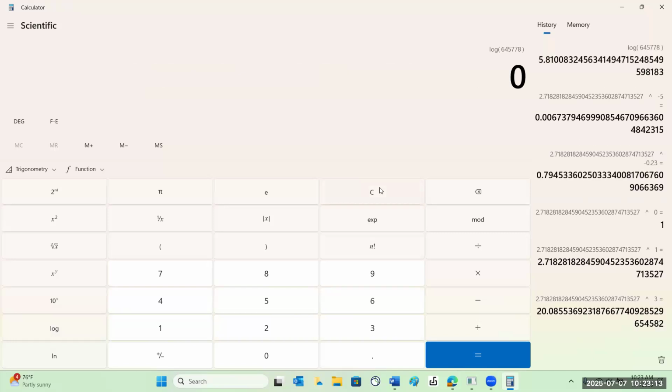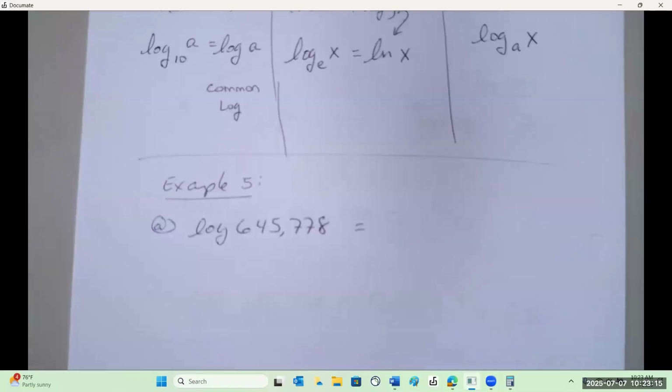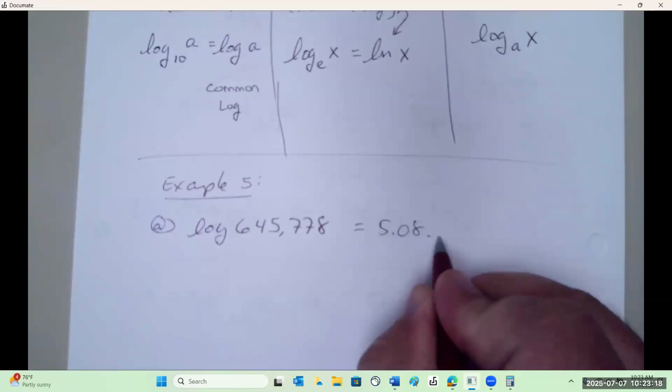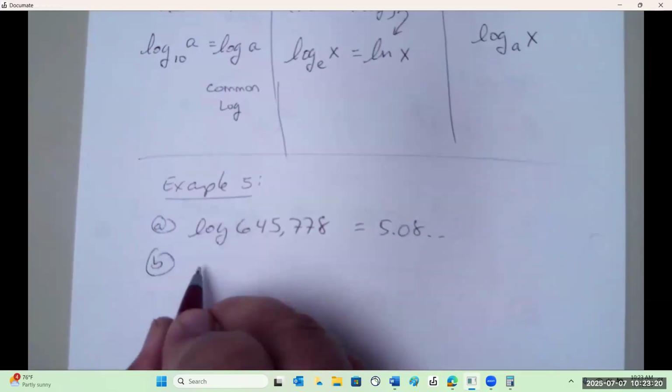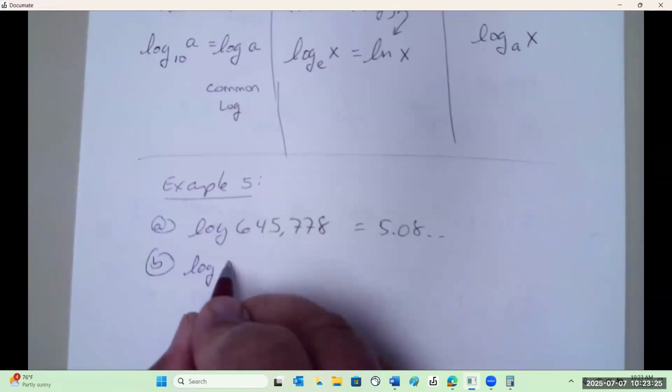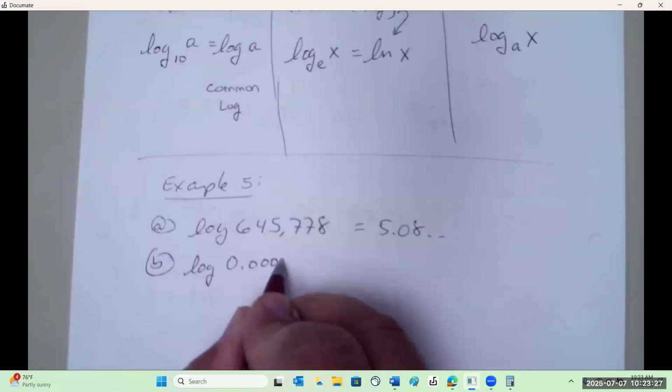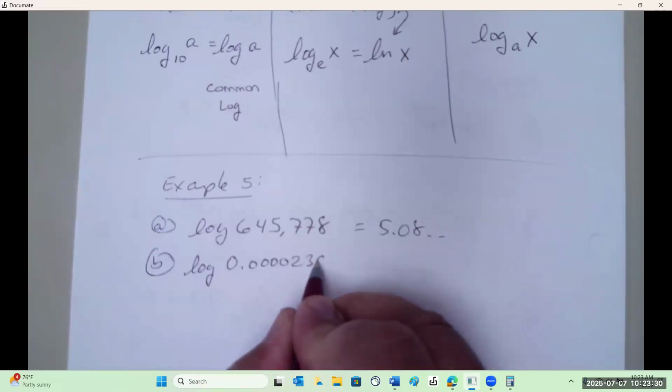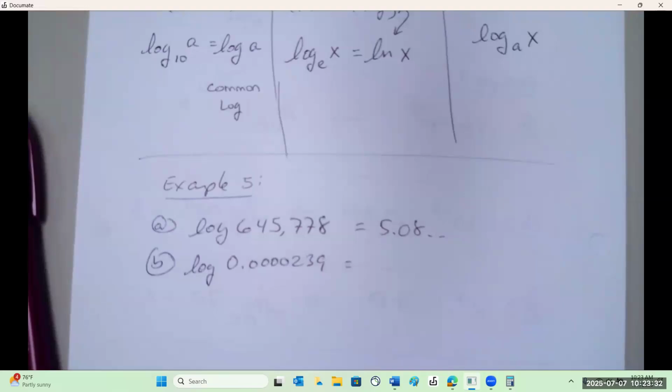So that one is 5.08, and so on. What if we had log of 0.0000239? What do you think this one's going to look like? Is it going to be bigger or smaller than this number? It can't be probably.